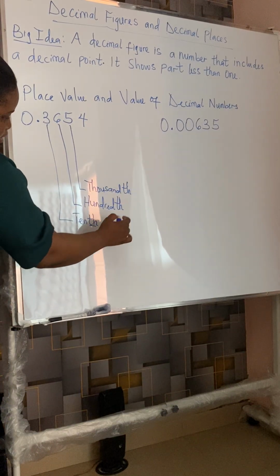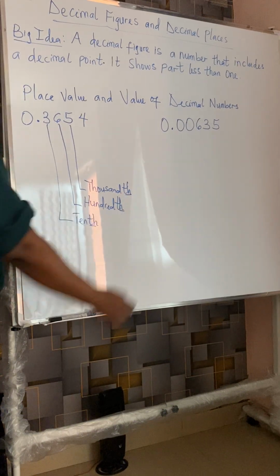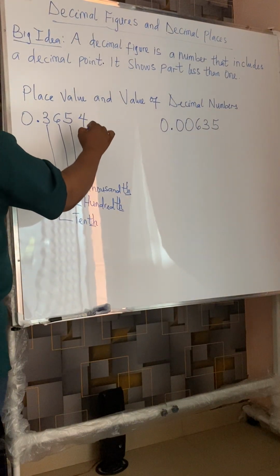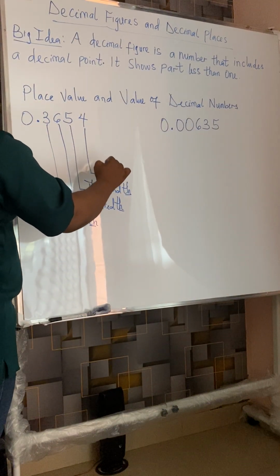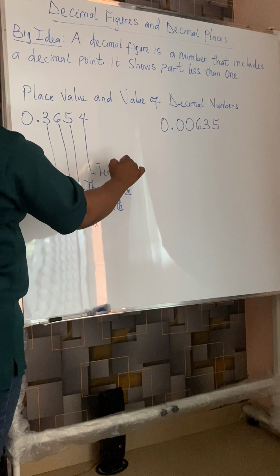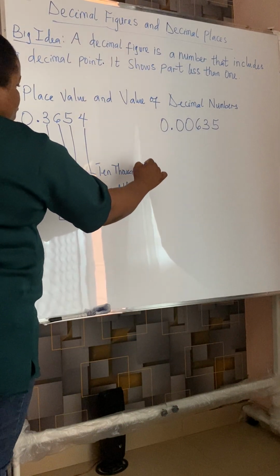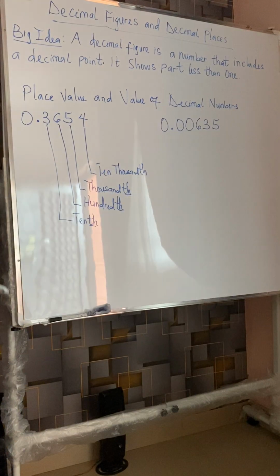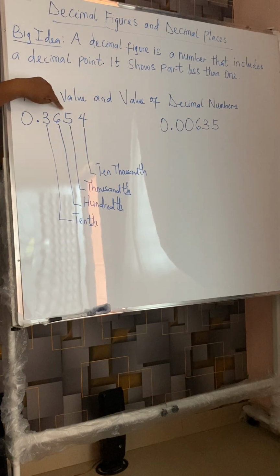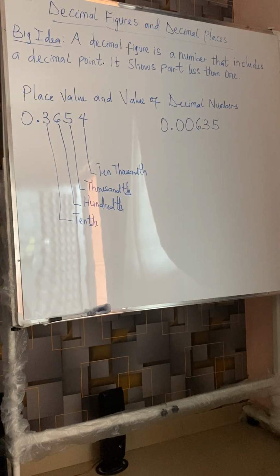Notice this. And the fourth position here is the ten-thousandth. It goes on and on like that. Please note that each of the positions here represents a number of decimal place.